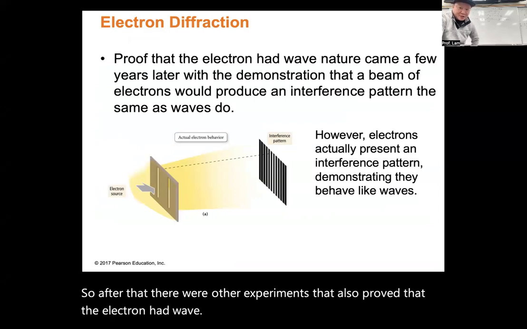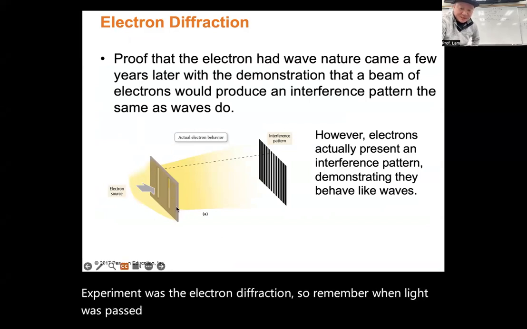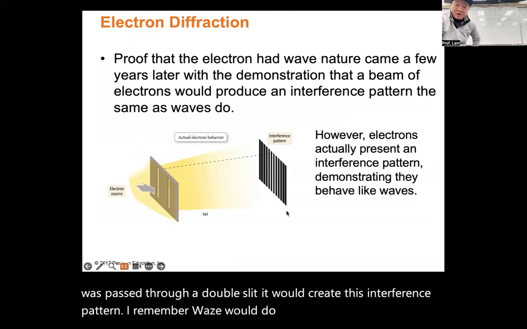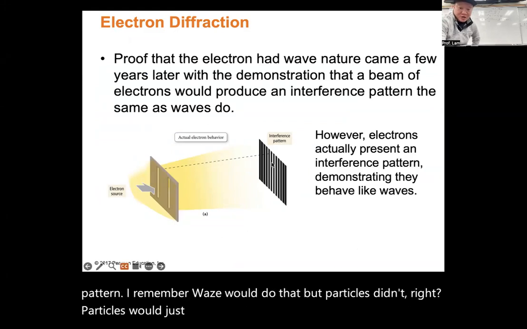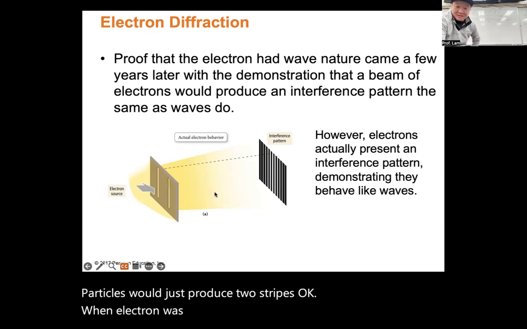behavior. Another experiment was electron diffraction. Remember when light was passed through a double slit, it would create this interference pattern. Waves would do that, but particles didn't, right? Particles would just produce two stripes. When an electron was shot at this double slit, it also produced an interference pattern.